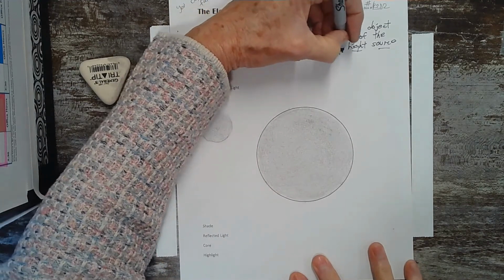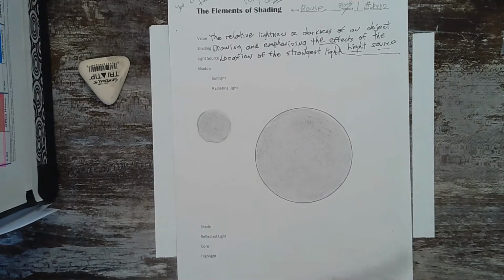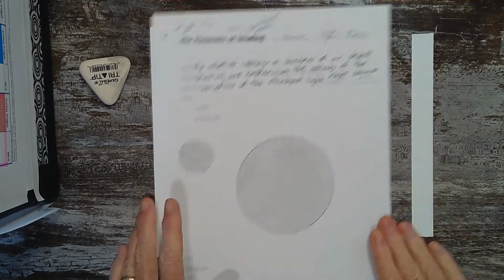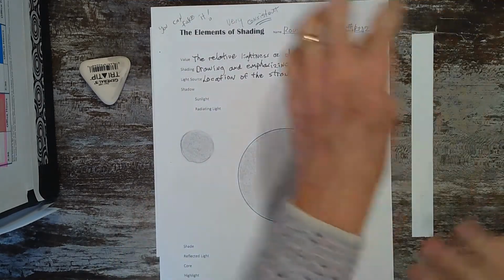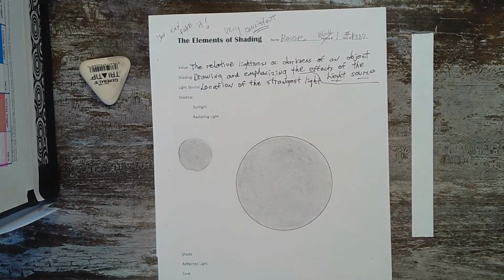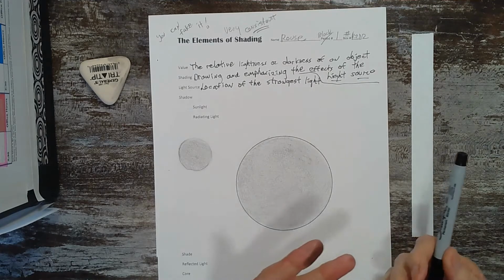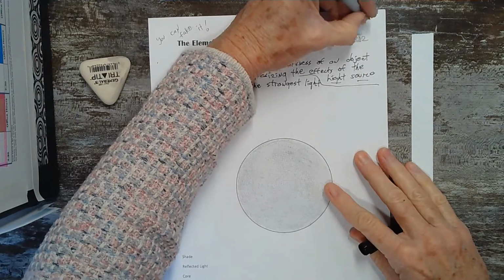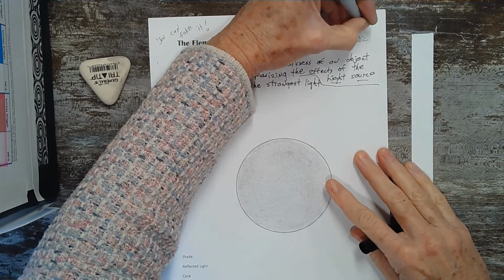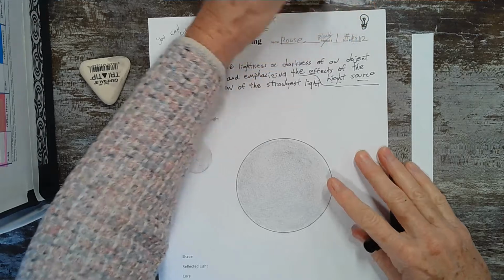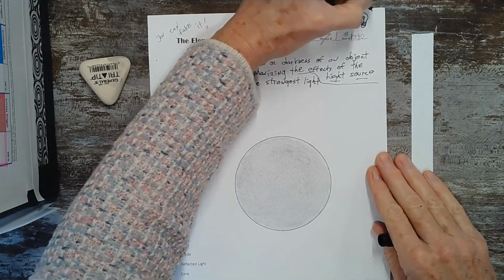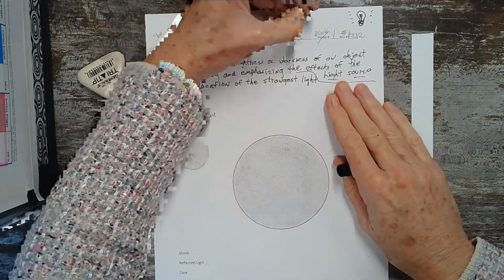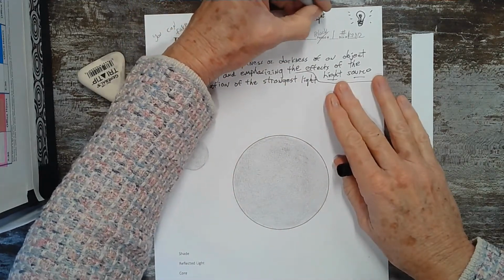I'm going to separate this with a line. For this project, we're going to make up a light source, and it's going to be up here in the corner. I want you to draw some type of interior light. I'm going to draw a little old-fashioned light bulb, and that's where the light is coming from in my drawing. I'm going to write the words light source up here.